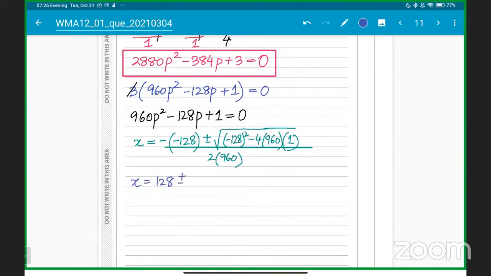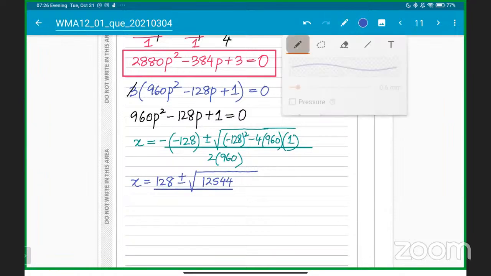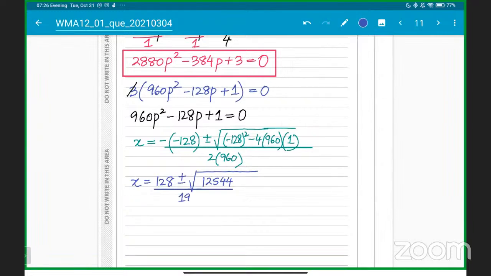128 plus or minus the square root of, here we go. So it will be 128 square minus 4 times 960. So let me just do it in one bracket, 128 square minus 4 times 960. I'm getting it as 12,544 in the square root, divided by 2 times 960. So that is giving me 1920. So here we go.